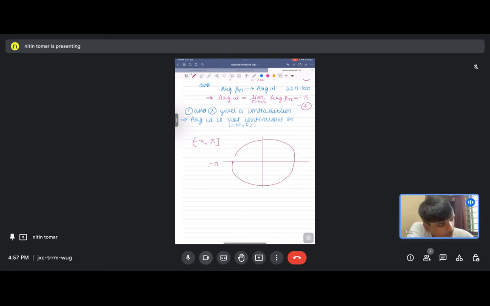This is my 2 pi revolution, right? Full circle is 2 pi, correct? And then you will land up here as pi. So on this line you see you have two values, minus pi and pi.